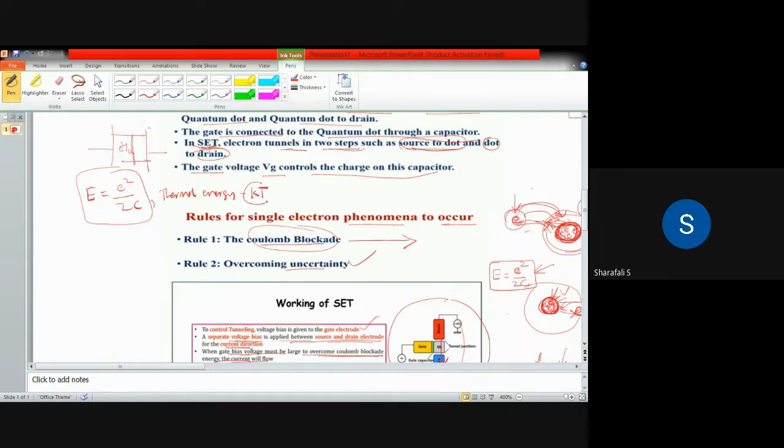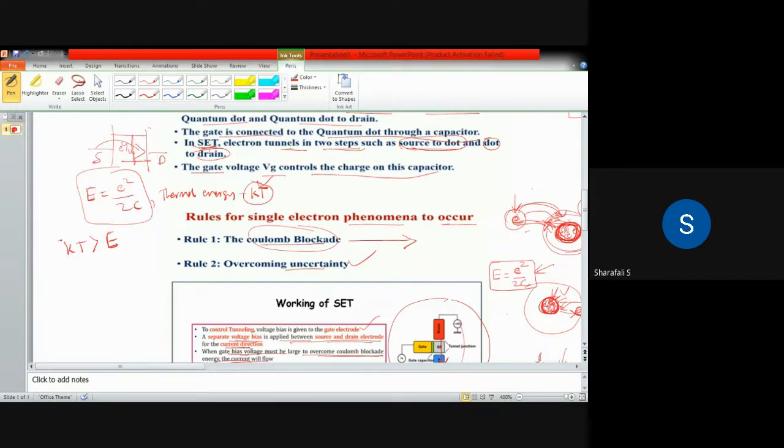So if at room temperature this kT, the thermal energy, is larger than this E, then these electrons can directly go to the drain side, from source to drain.